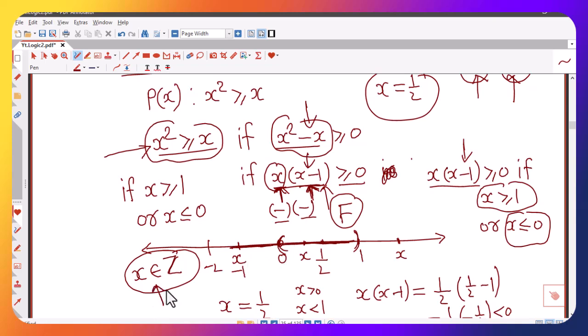So if we consider x in the domain which is set of integers, then there is no integer in between 0 and 1, and this is not true for x in this interval. Otherwise it is true everywhere. So whenever x is in the set of integers, this is going to be correct.